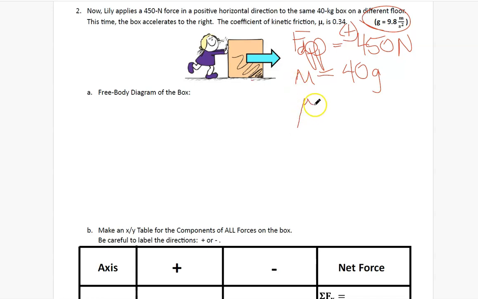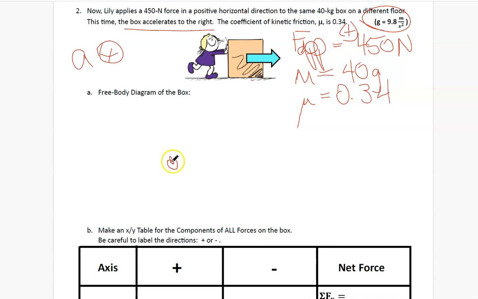And we know mu is 0.34. Mu is almost always going to be a number between 0 and 1, and it will have no units, as we just mentioned. Okay, so we have 4 pieces of numerical information already, and we know there's an acceleration. The acceleration is to the right, so we know the acceleration is positive. So we know a lot about this.